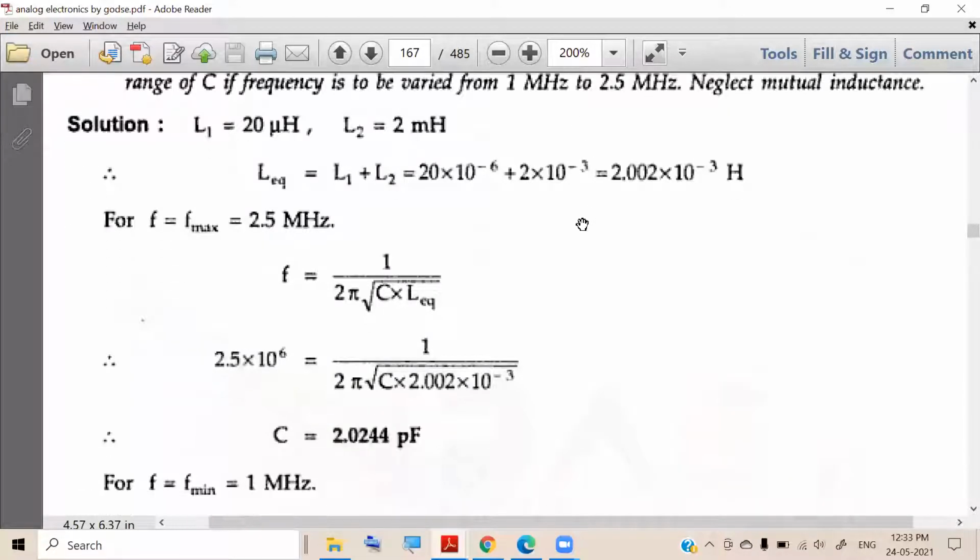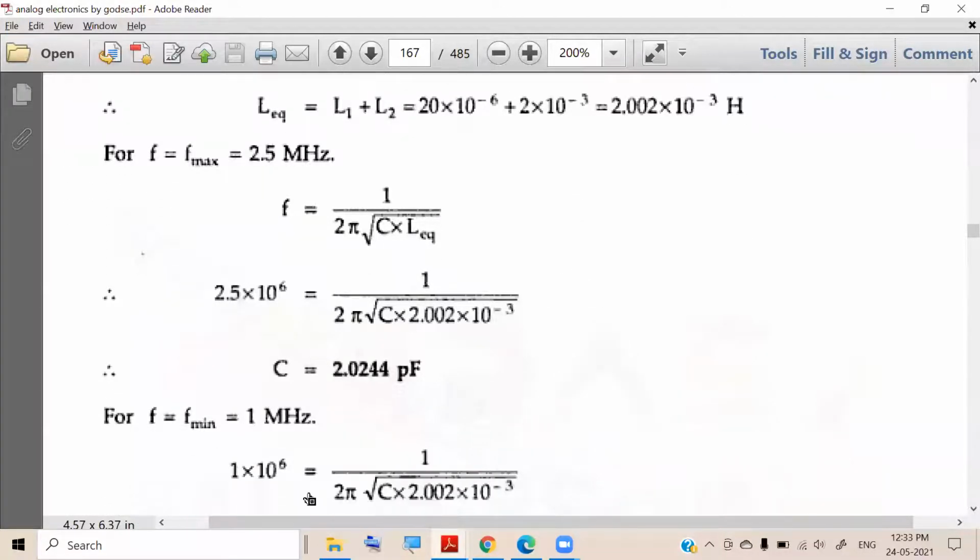So the F value is 1 megahertz. Mega is 10 power 6, I told you. So 1 into 10 power 6 will be equal to 1 by 2 pi root, C as it is, and L equivalent also as it is, right?